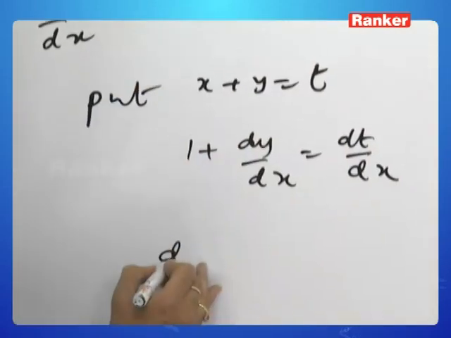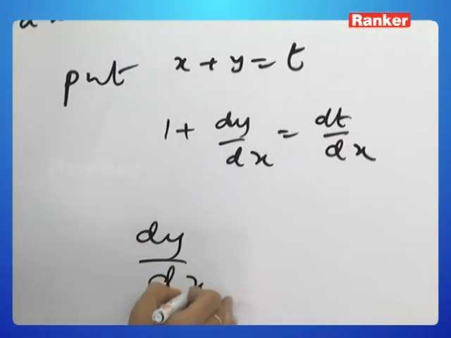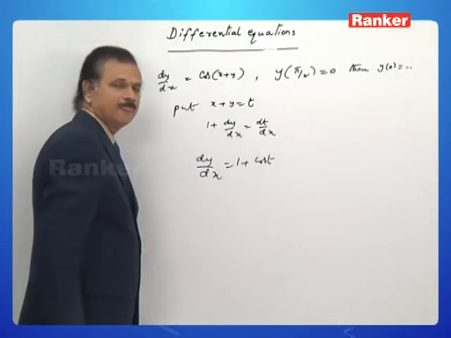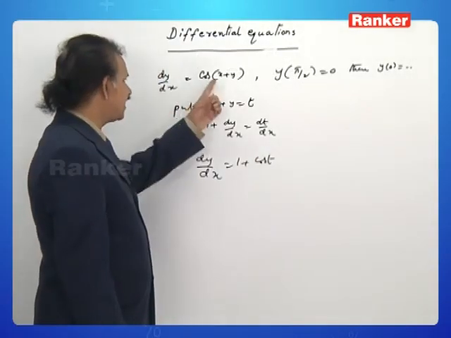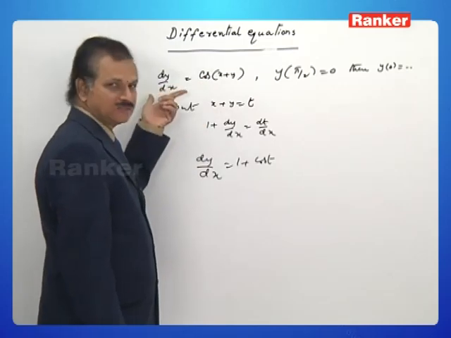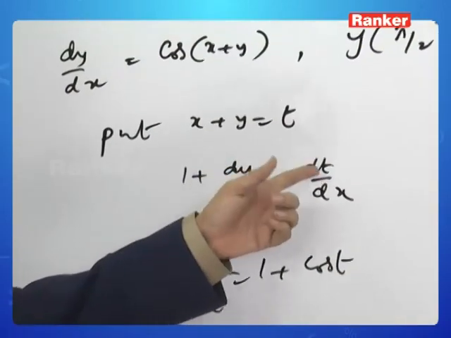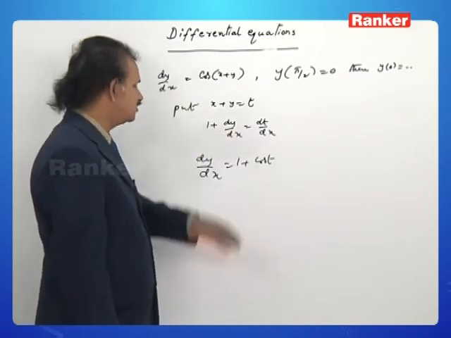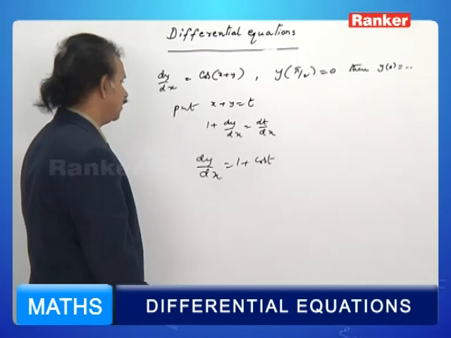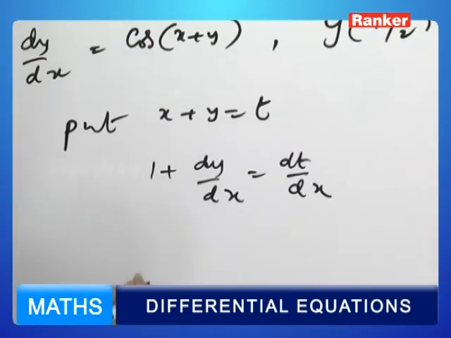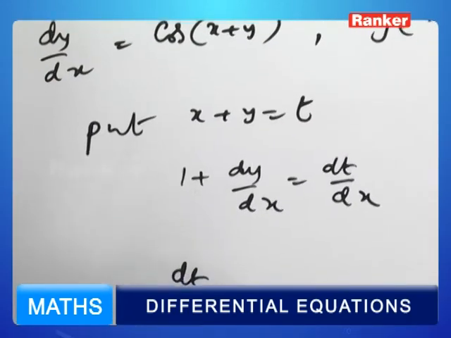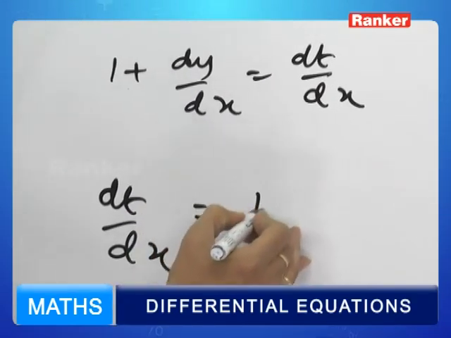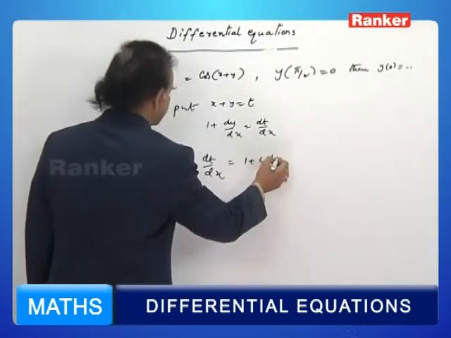What happens? 1 plus dy by dx is equal to 1 plus cos t. Am I correct? But 1 plus dy by dx is nothing but dt by dx. And on the other side, we have 1 plus cos t. So dt by dx is equal to 1 plus cos t.